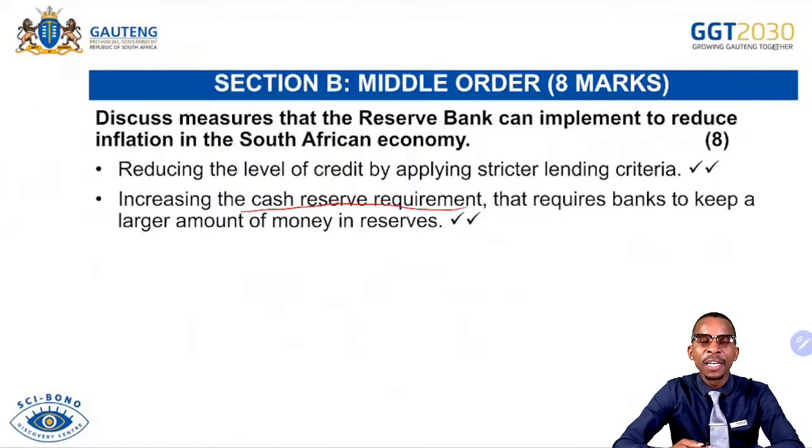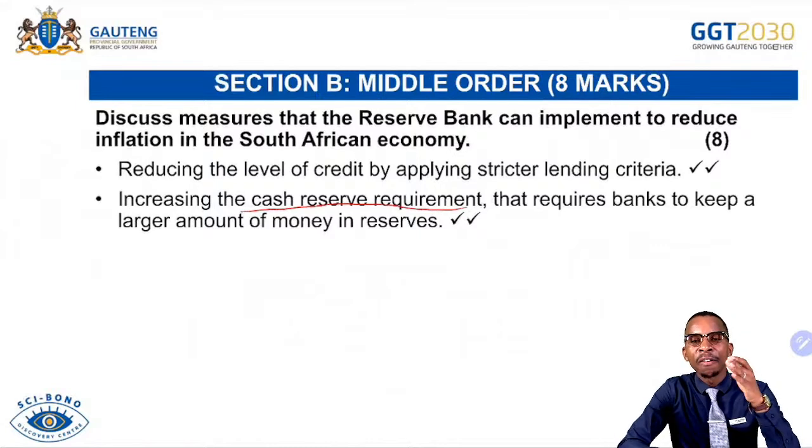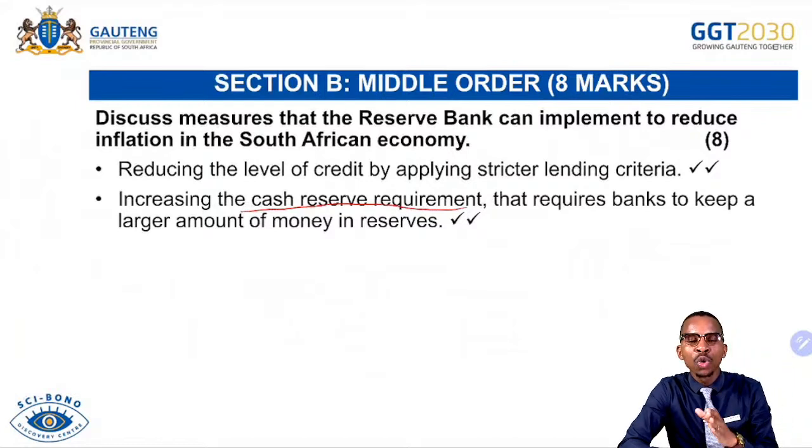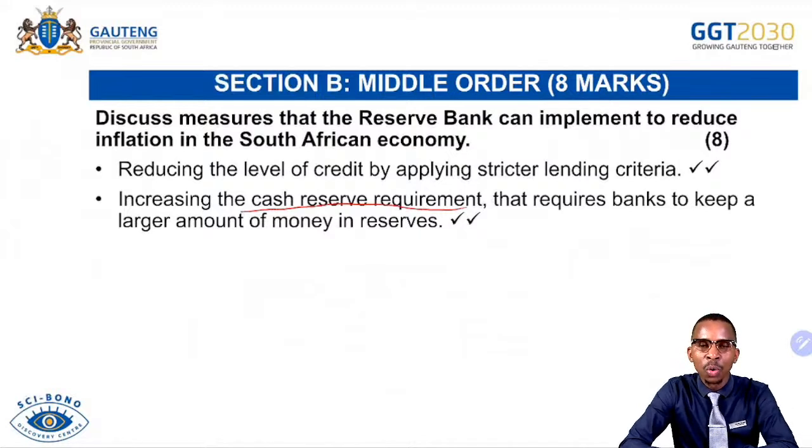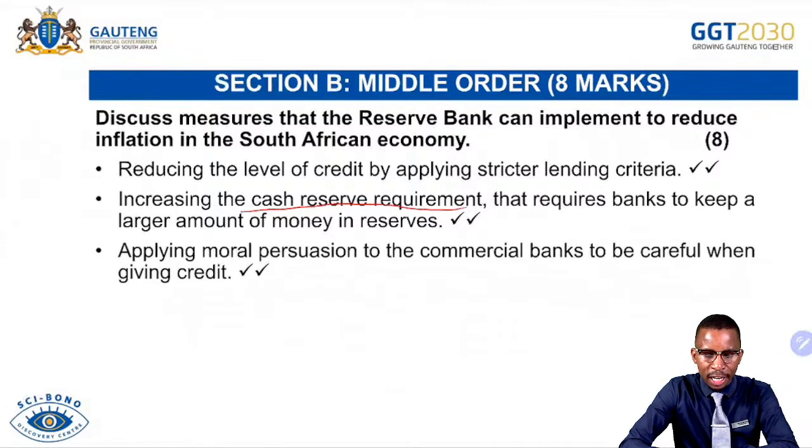Vault money is the money that is available but cannot be used. So that money is there for the commercial bank but cannot be used by the commercial bank because it's part of the bank reserves. So if more money is put on reserves, that will lead to less money supply in the economy, and that will cool down inflation or demand for goods and services, and also lower inflation.